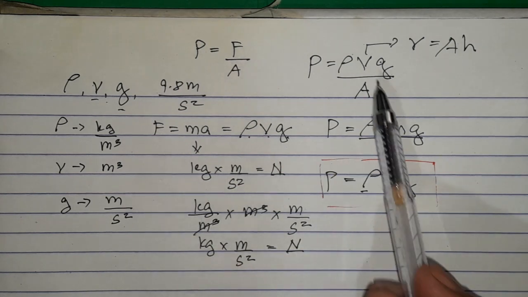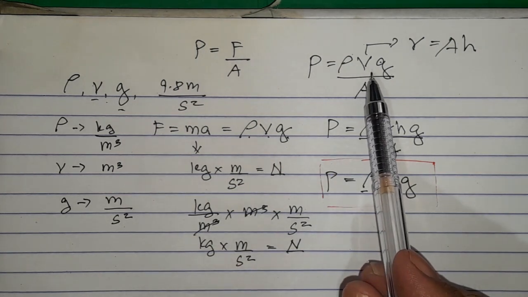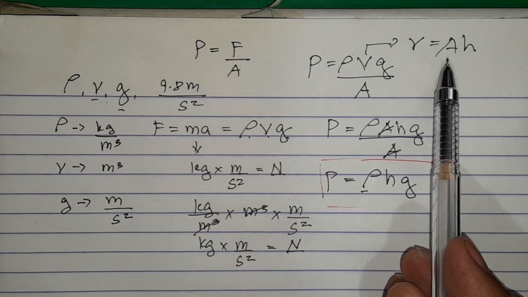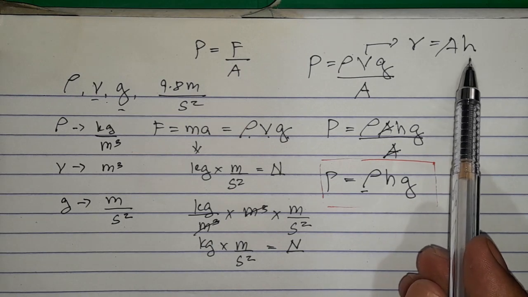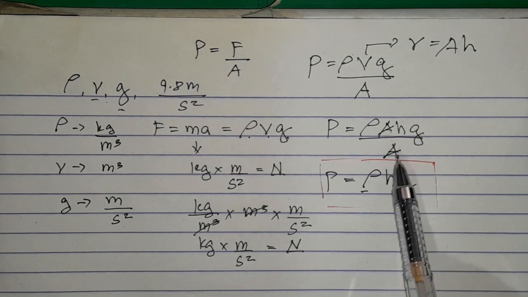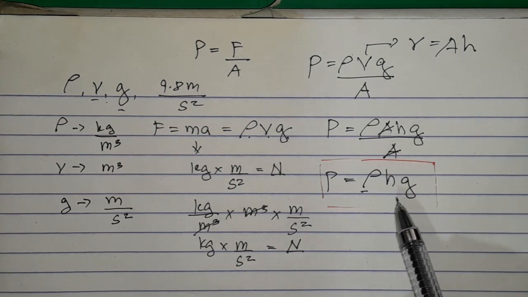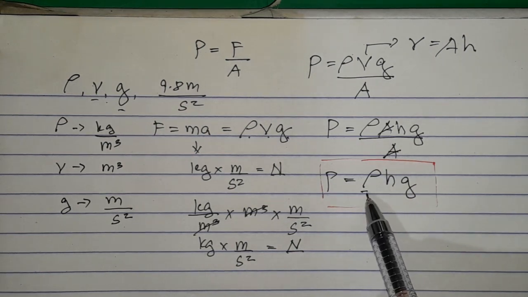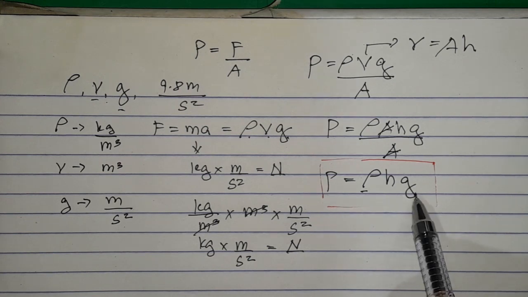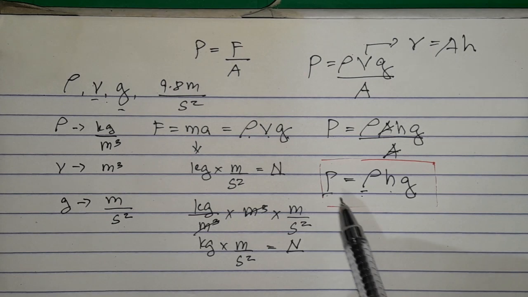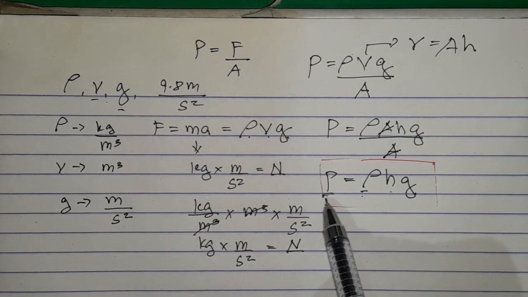However, volume is equal to area times the height. That is why the area is cancelled out, and the remaining quantities are the density, the height, and the gravity. If we multiply these three, you are getting the pressure.